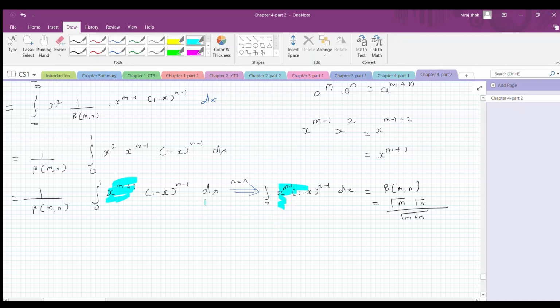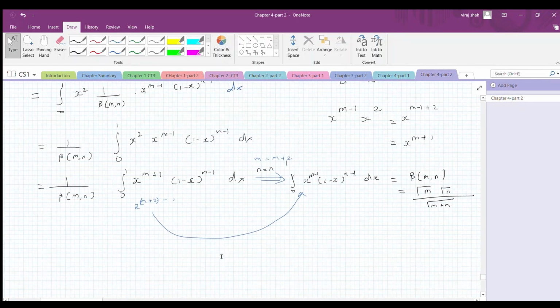So I have to write this term in the form of this term, right? So let me write it. It would be nothing but x raised to m plus 2 minus 1. Now it is in this term. If I compare these two, I get my m is nothing but m plus 2, right?